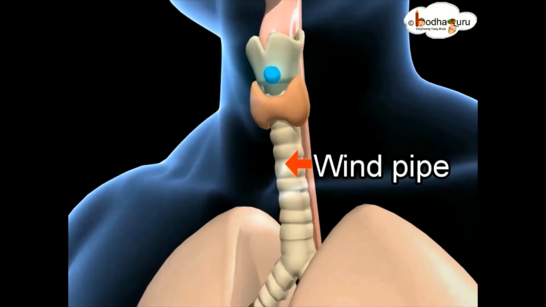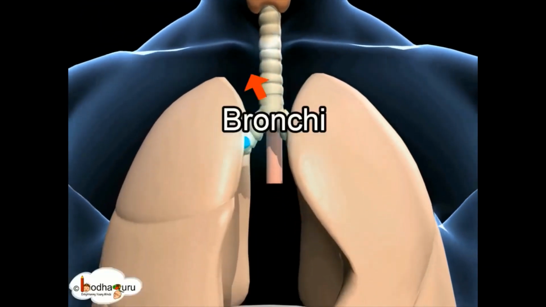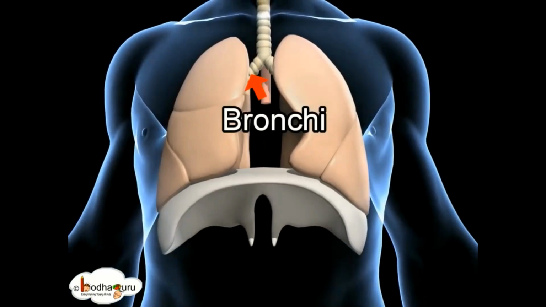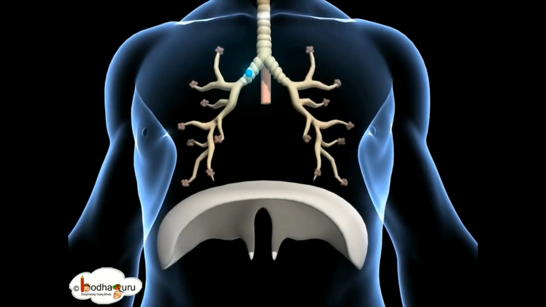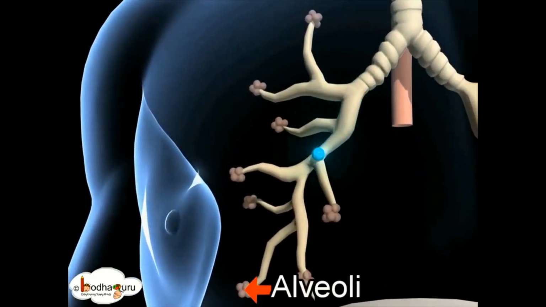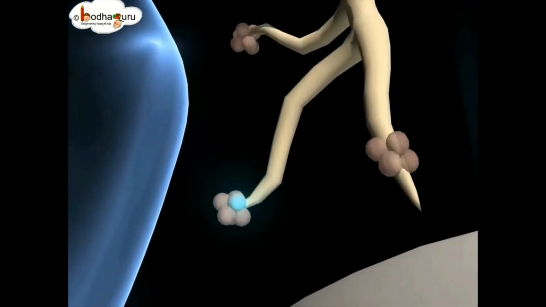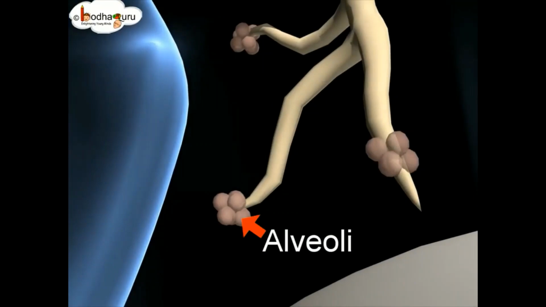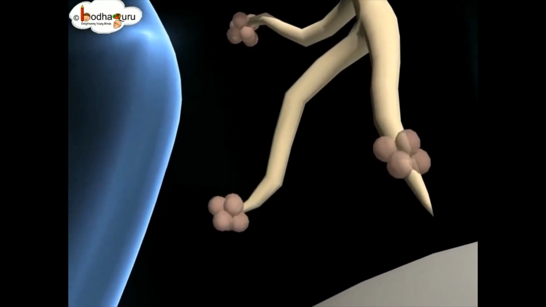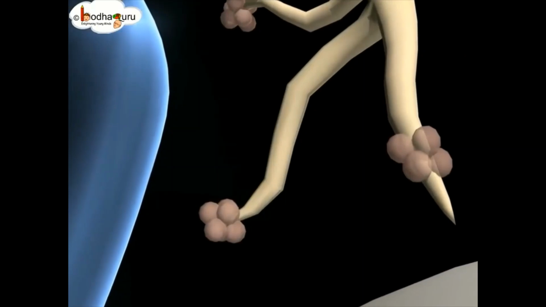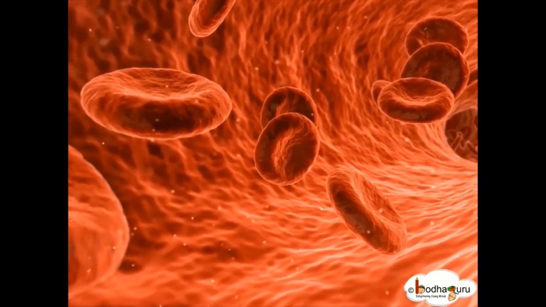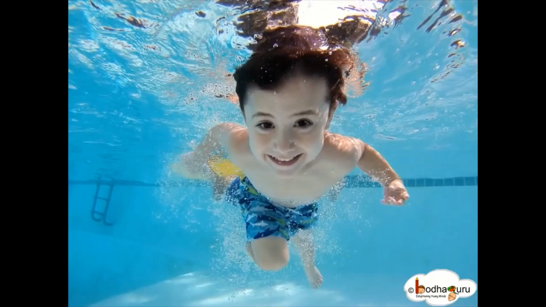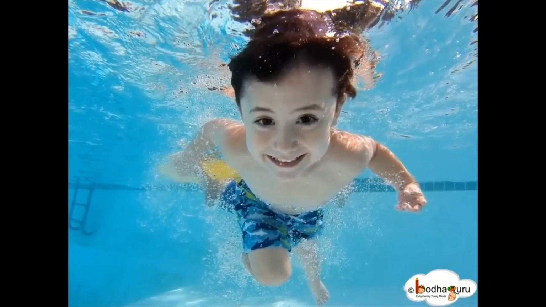Now, air passes through the windpipe, then the two bronchi, which form many narrower branches called bronchioles. Small air sacs or alveoli receive the air and oxygen from air diffuses into blood through thin wall of blood capillaries during the diffusion process. Blood cannot exchange gases absorbed in water in this arrangement, hence we can't breathe in water.